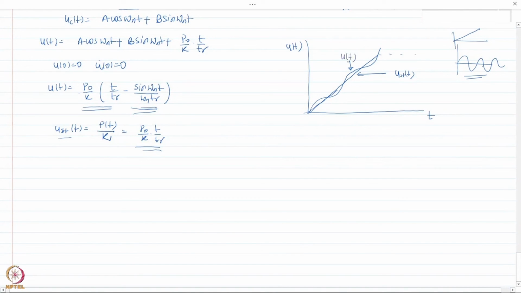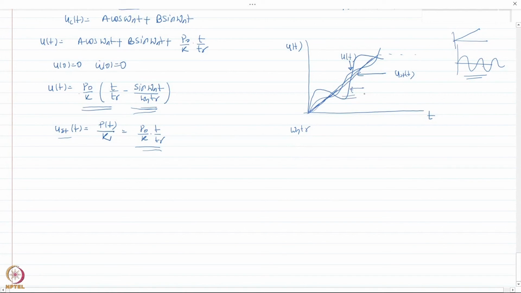So we have seen that for the linearly increasing part, this is how the response looks, and depending upon the value of omega n and tr, it might look like this, or it might also look like this. In many cases this is not actually desirable because I want to take the system statically without creating much vibration, and if I get a curve like this, then it is not desirable.